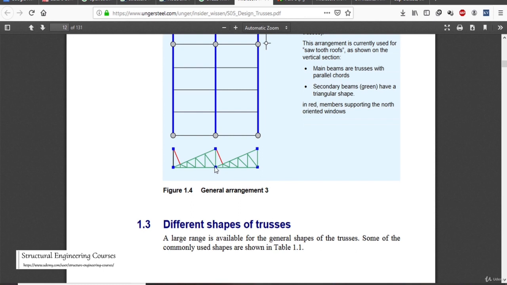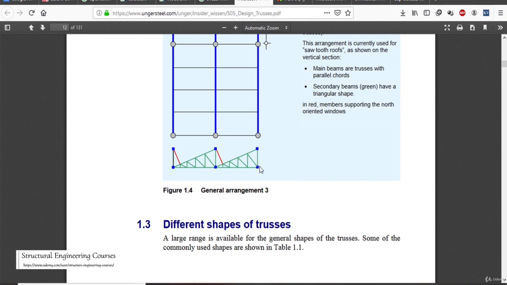And why we provide this type of arrangement is also a very important concept that you should understand. Most beginners do not have any idea. There is a system called north light roofing. You must be thinking that the sun rises in the east and sets in the west, then why are we talking about north light roofing?